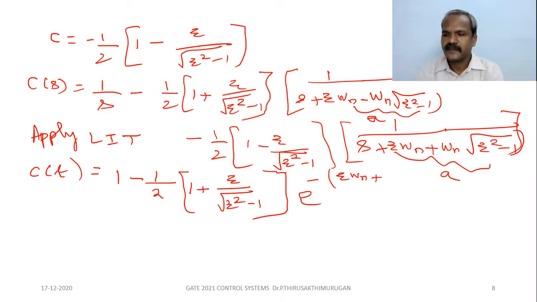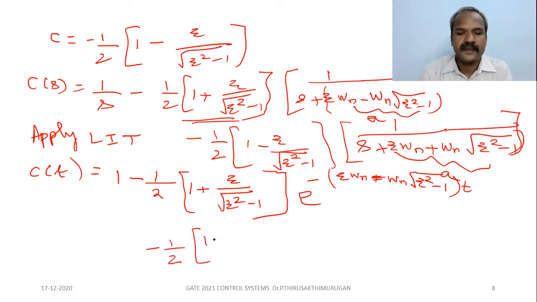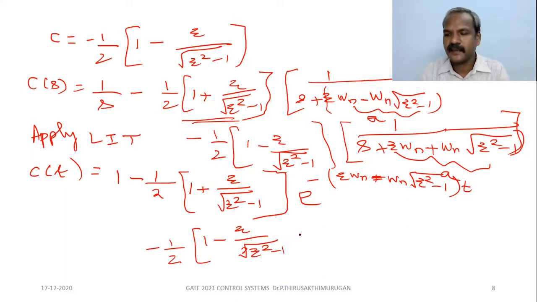So C of t for this term, S plus of this: e to the power minus of minus omega n square root of zeta square minus 1 into t. Then minus 1 by 2 of the constant term, 1 minus zeta divided by square root of zeta square minus 1. Am I right?